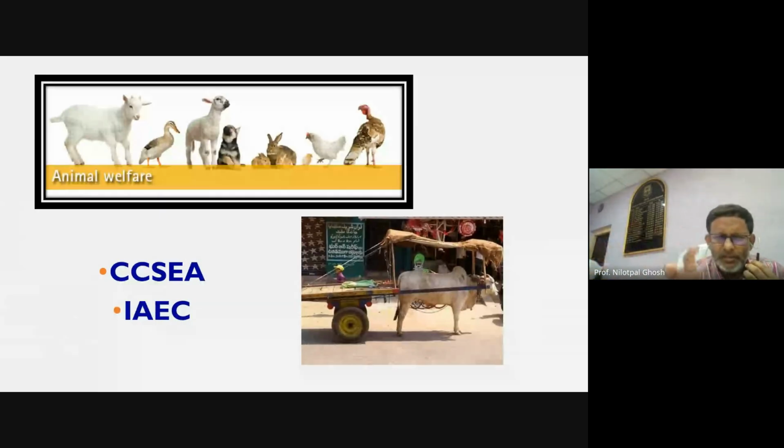Animals may be reared as specialized farming, like poultry farming or dairy farming or goat farming, or we can keep the animals as pets, or in a zoo, or for entertainment purposes. In every tourist spot, you may have camel rides, horse rides. So animals are extensively used in our country for many purposes.